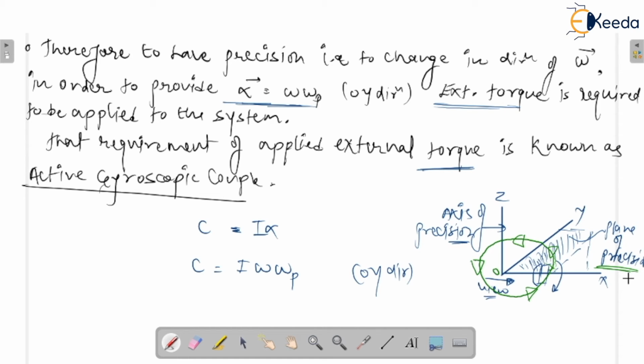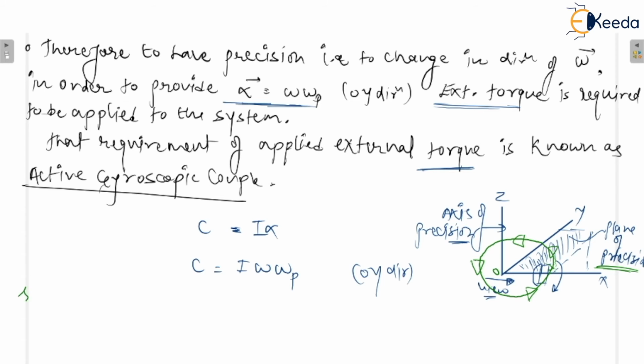But a similar torque will be applied by the system on the external agency, whatever your system is, be it an engine or a governor.